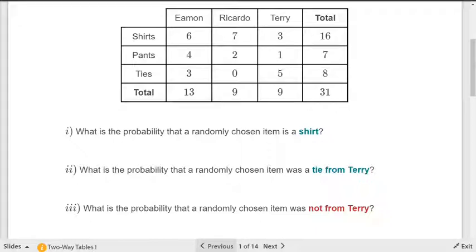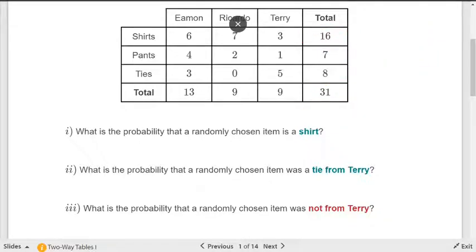So all shirts means the total number of shirts, right? And we're talking about any randomly chosen item, right? So that means that our total number of outcomes is going to be all of the items of clothing, right? So that gives us a probability of 16 over what? 31. Okay? Super easy when you have these organized in a chart.